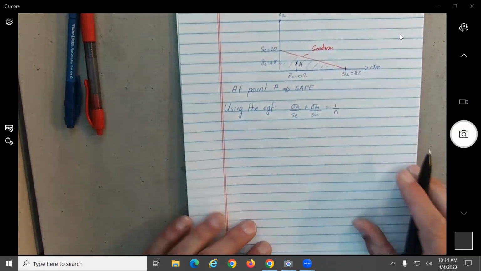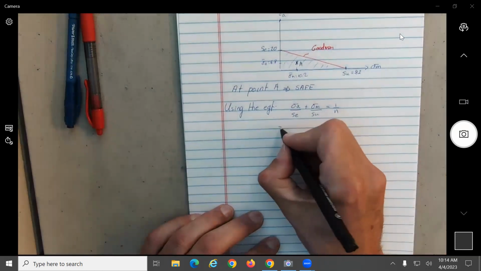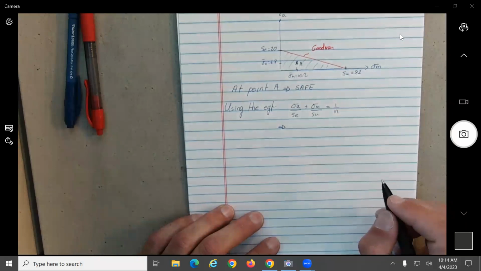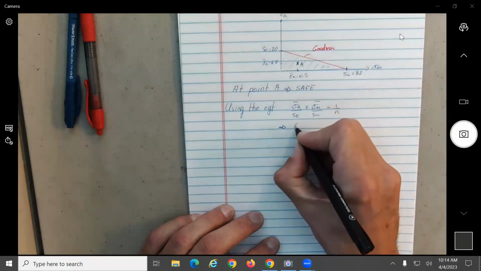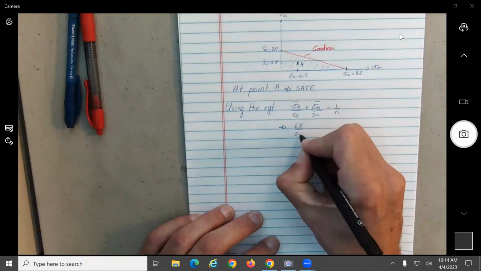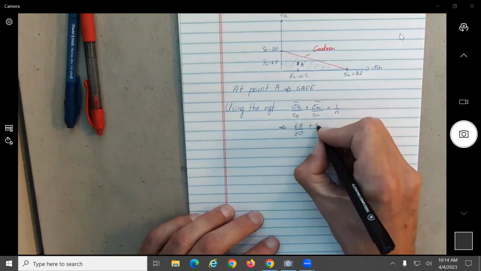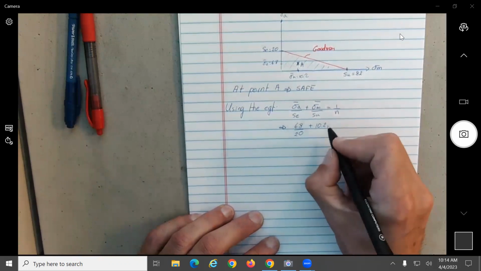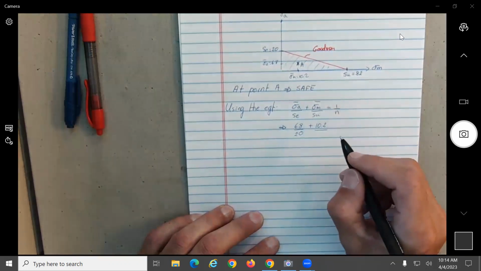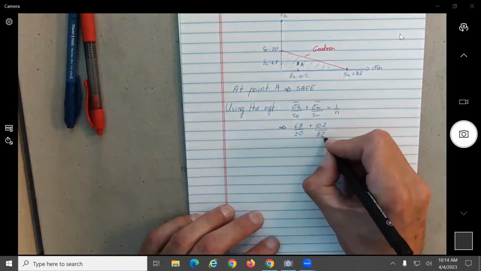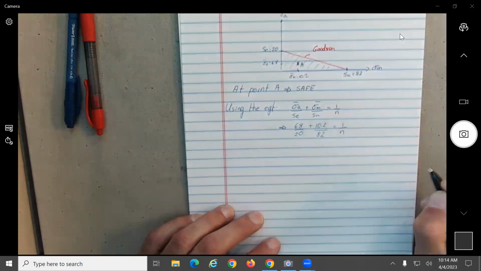I think it's even harder to do this way because you need to do some basic algebra. So what should be the equation here? What is the alternate that we have? We have 6.8 divided by 20 plus 10.2 divided by 82. And this should be equal to 1 over n.